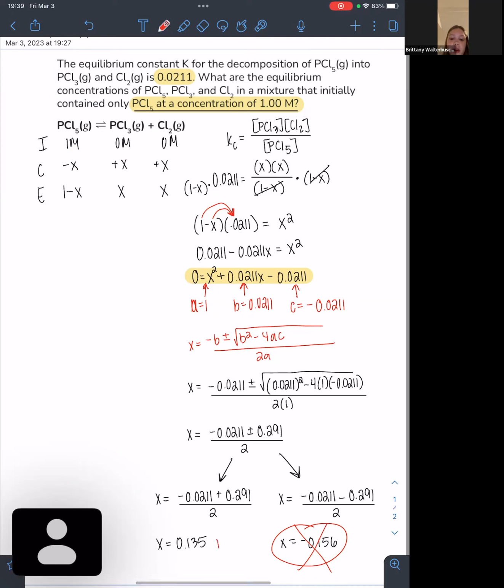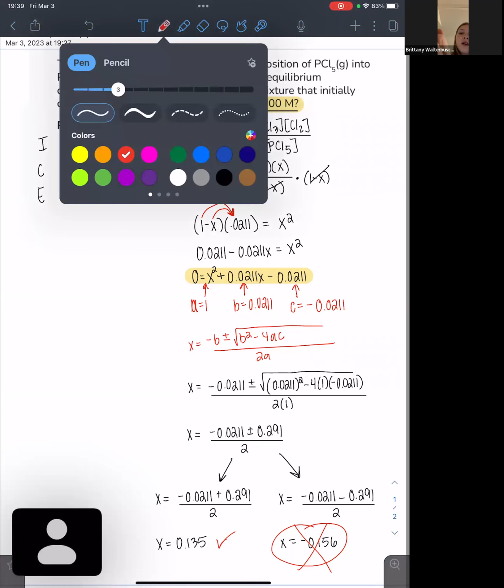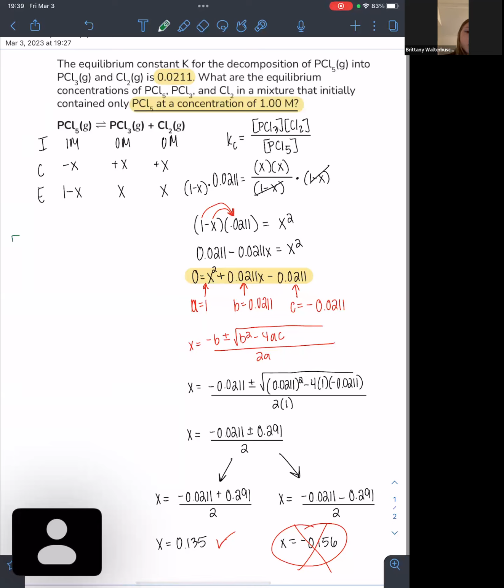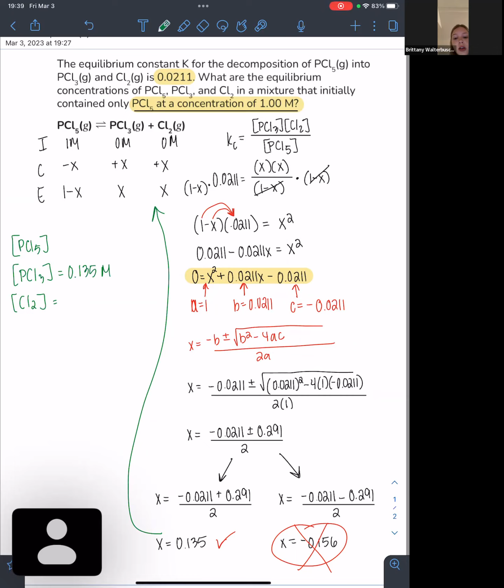So that does mean that this value on the left is going to be our true and real value for X. So finishing it up, since we're finding our concentrations of PCl5, PCl3, and Cl2, we automatically know from this value of X that our PCl3 and our Cl2 are going to equal 0.135, and the units are still in molarity.